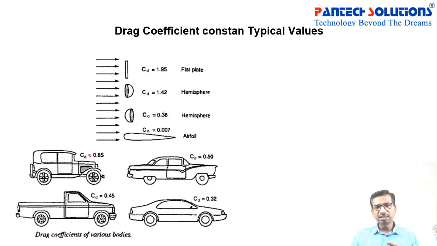Some typical values: based on this design, which has a very low value, the drag coefficient C_D is 0.32. So you can take it, but based on the vehicle design this value will vary.